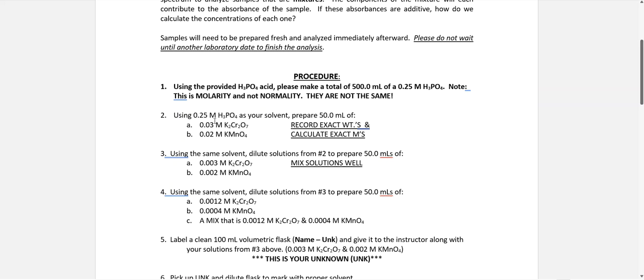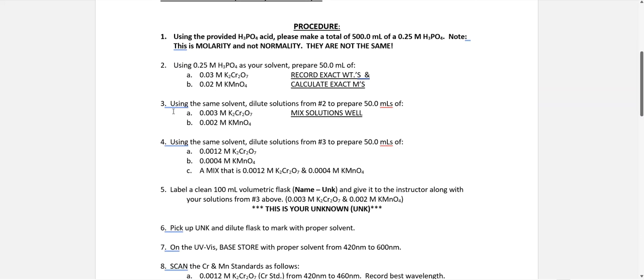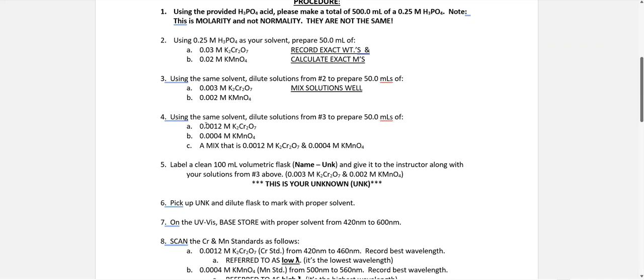Prepare 50 mL of a 0.03 and a 0.02. Step three, that was way too strong, so you needed to make a 0.003 and a 0.002. Number four, that's still too strong, so now we use those to make 50 mL of a 0.0012 and a 0.0004 and a mix.